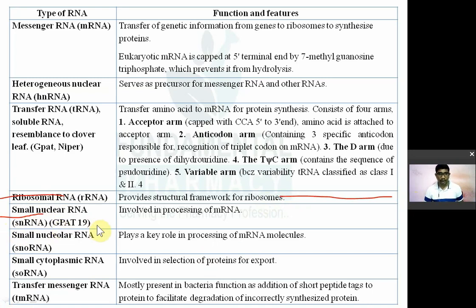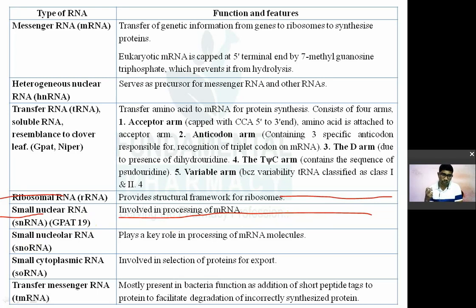Then next one is the small nucleolar RNA. So ये क्या था? न्यूक्लियर था. Small nuclear RNA न्यूक्लियस में रहेगा, और small nucleolar RNA न्यूक्लियोलस में रहेगा. So again it plays a key role in the processing of RNA molecules. And again, small cytoplasmic RNA, scRNA.